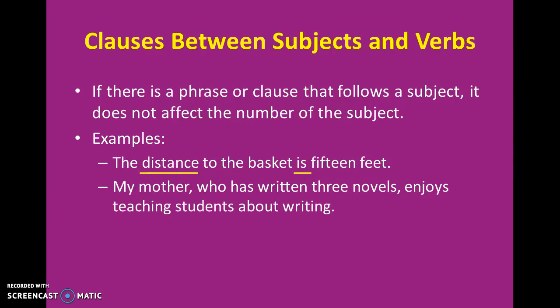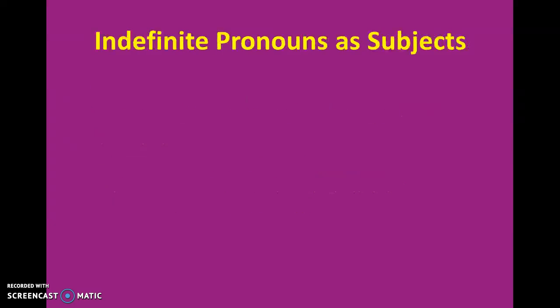The extra clause, who has written 3 novels, doesn't affect at all if you want a singular or plural verb to go along with your subject. Pretty self-explanatory, but just something to keep in mind when you're looking for subjects and verbs. That extra clause or extra phrase does not affect what verb or subject you use.